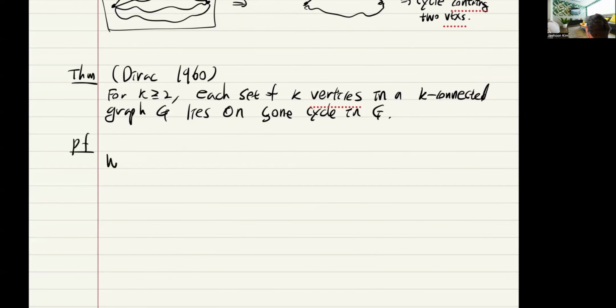And surprise, surprise, we again use induction. So we use induction on k.